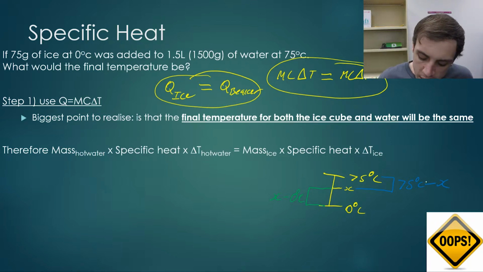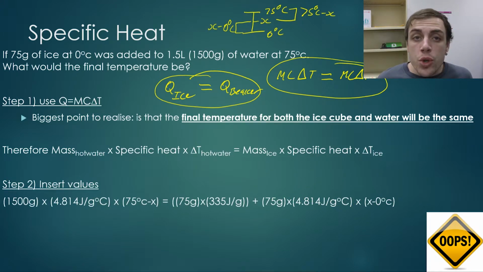So this is where I can swap the X's around, because I know that this temperature is going to go up, whereas this temperature is going to go down. So if we combine the two algebraically like this, we have 75 degrees minus X, that will give us this gap. And X minus 0 degrees gives us this gap. That means we can then determine where X actually is.